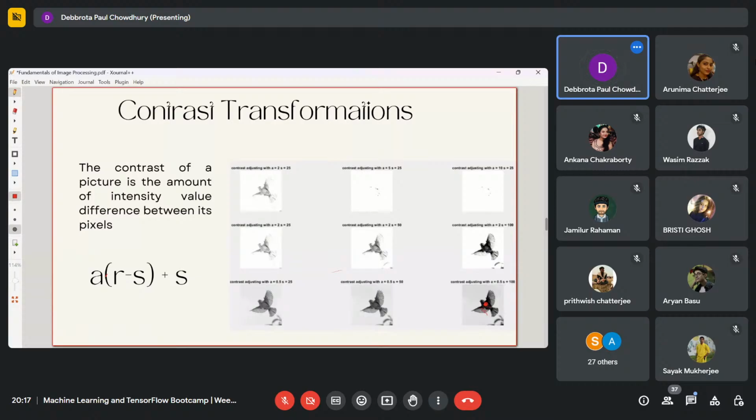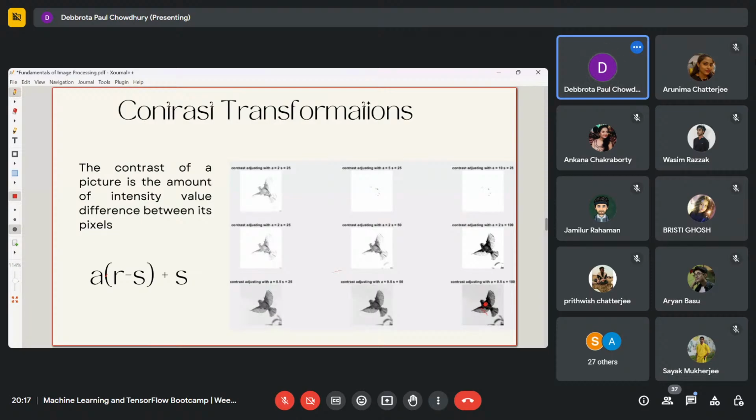So whenever we say increase the contrast, what basically happens? I am talking about the processing part. Bright pixels get brighter and dark pixels get darker.